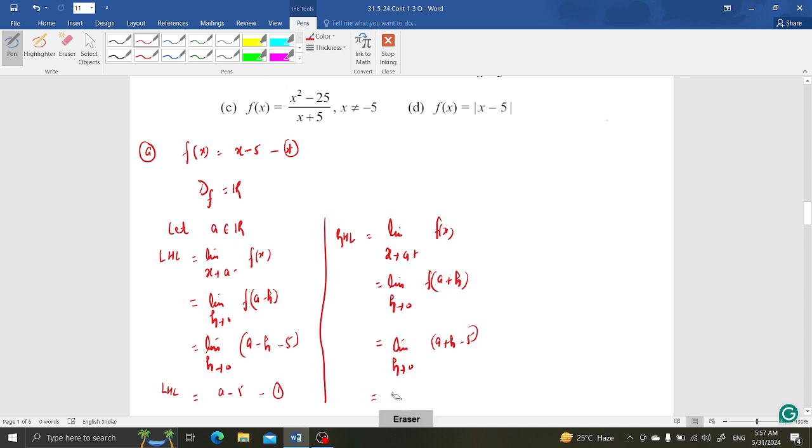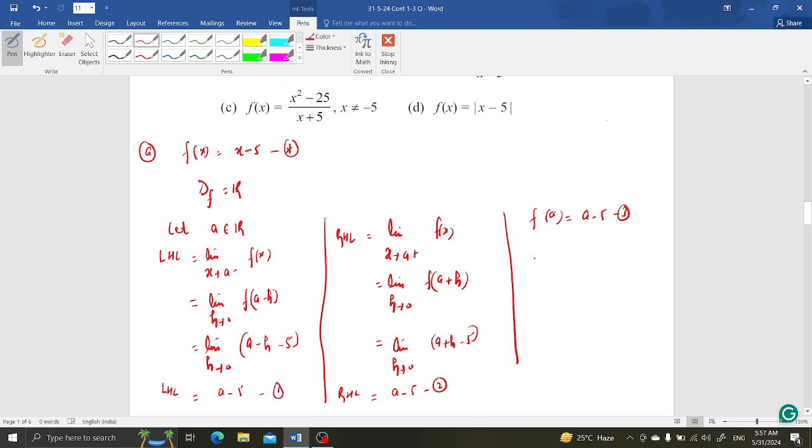If you apply the limit, we get a - 5. This is your RHL, second equation. Same as that, the function value at a is a - 5, and this is your third equation.